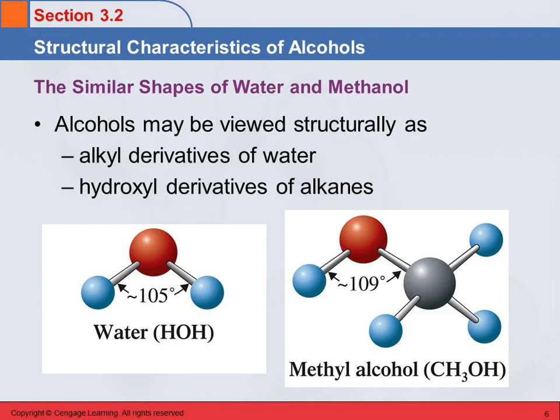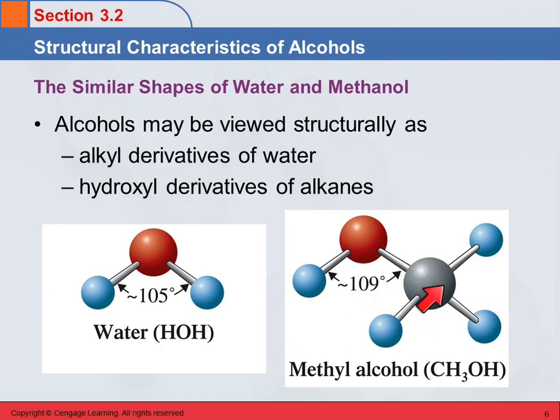If we look at water and methyl alcohol, which is the smallest alcohol, we see that they have some similarities. Here's water. Because of the 2 lone pairs here, water has this bent shape. And the angle here is about 105. Methyl alcohol, here we have this OH group, and here we have a methyl group.